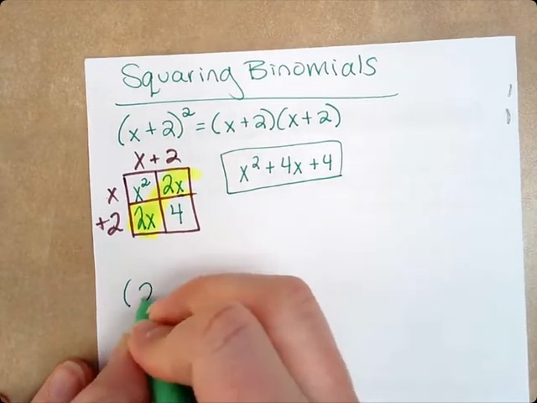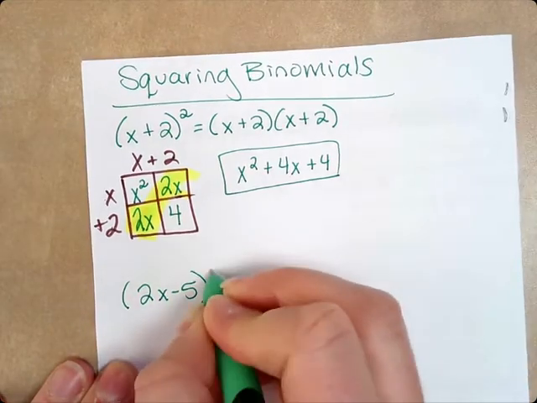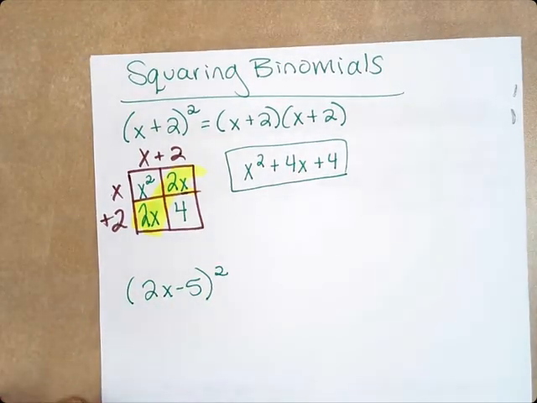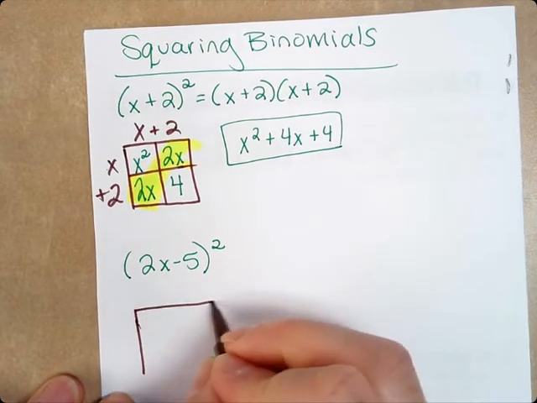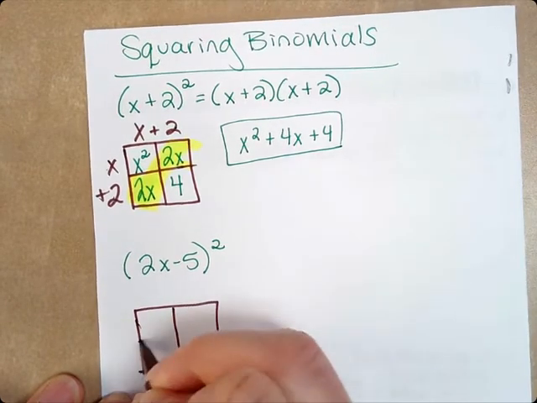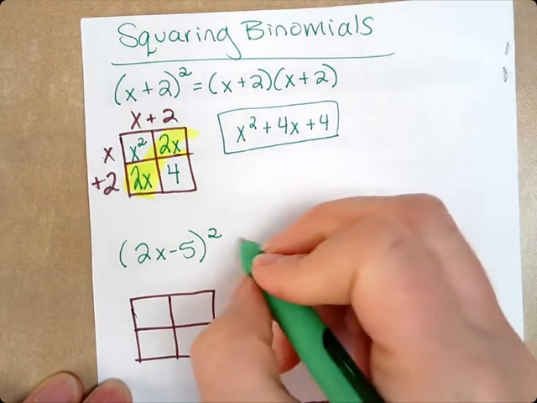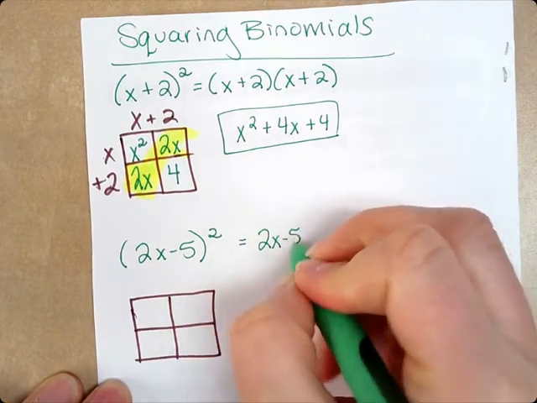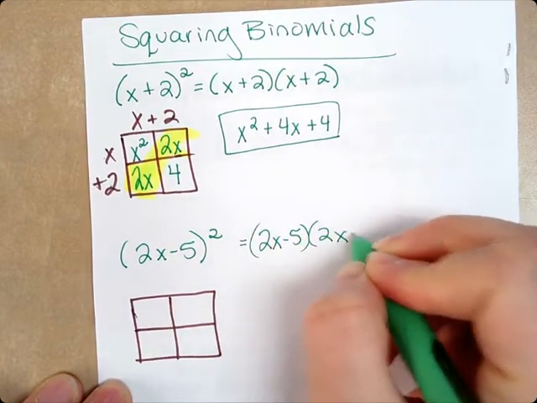Okay, the last example is 2x minus 5 squared. So remember what the squared means. 2x minus 5 times 2x minus 5.